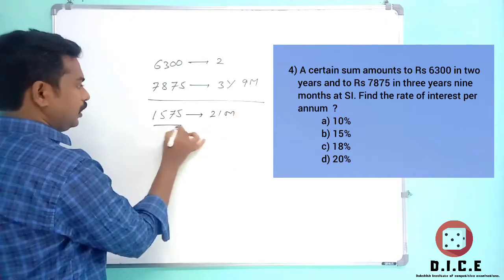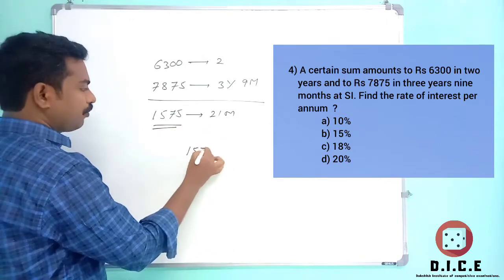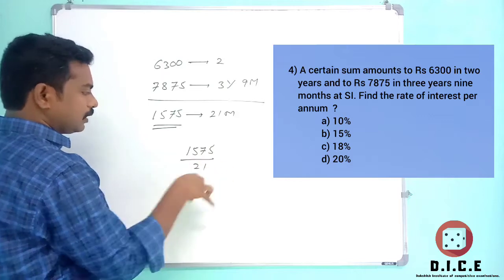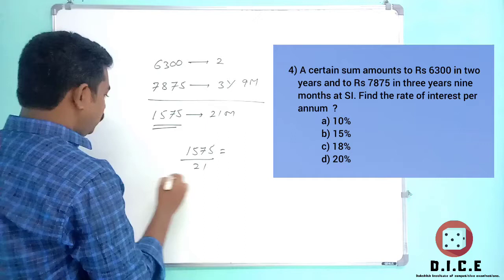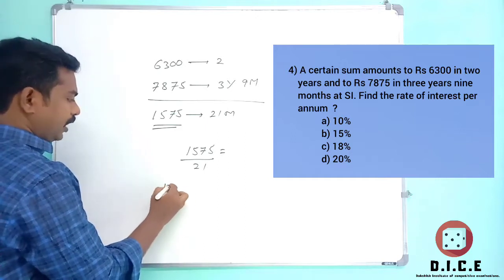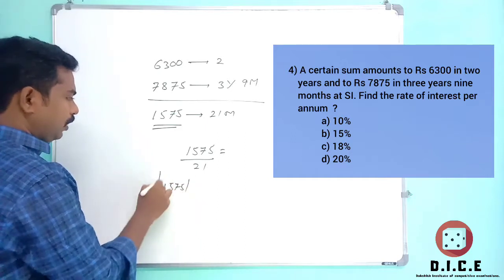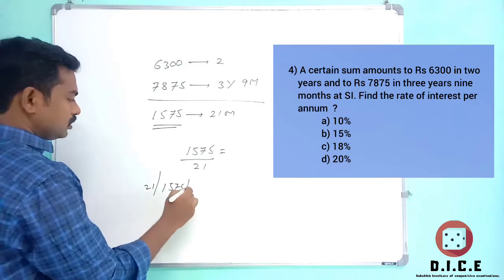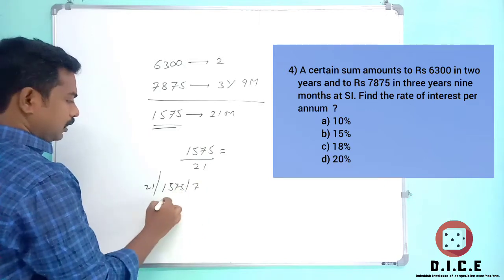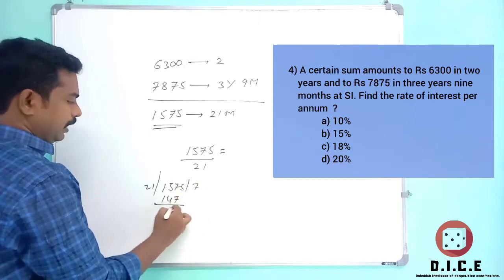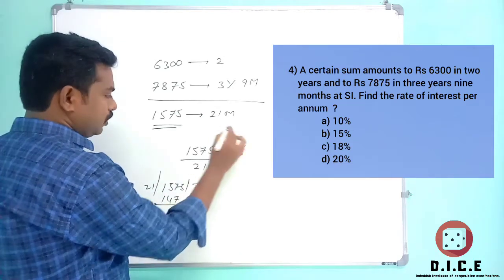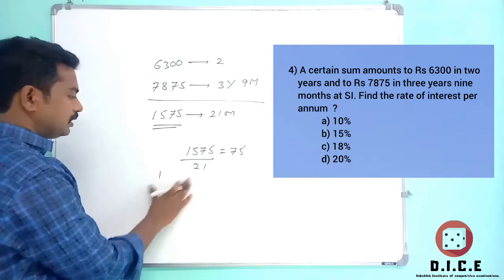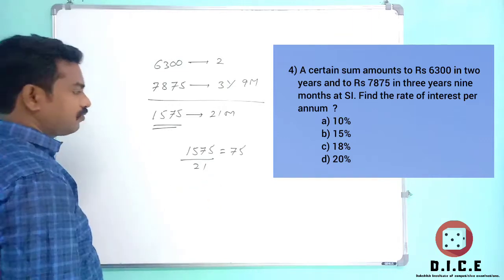If you divide 1575 by 21, 21 sevens are 147, clearly 105, and 21 fives are 75. 21 75s are 1575.